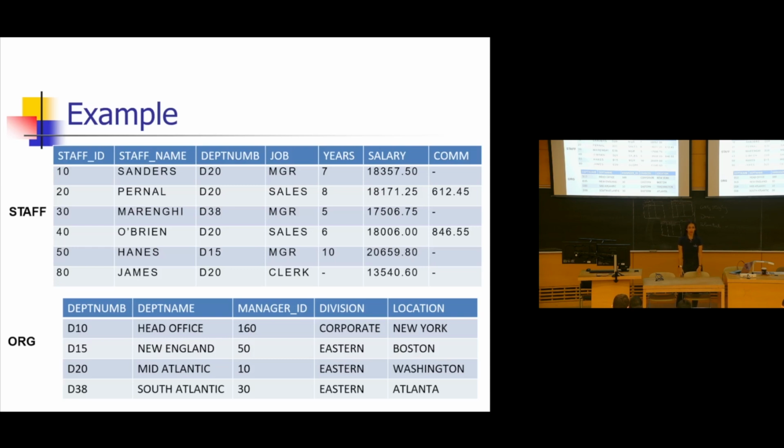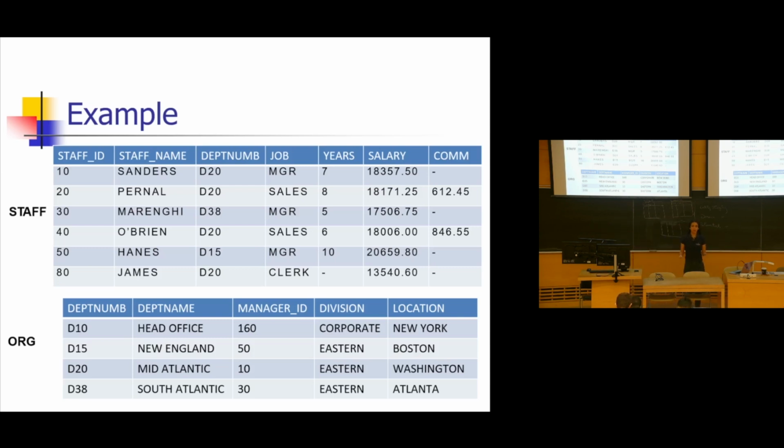But I may also serve as area chair, or work as associate dean or other managerial roles. We didn't change my employee number. I still have the same employee number at York, but I have another role. So as you see here, this is a role of a manager, this is a role of a sale, and so on. So manager ID and staff ID is another column that can link these two tables.